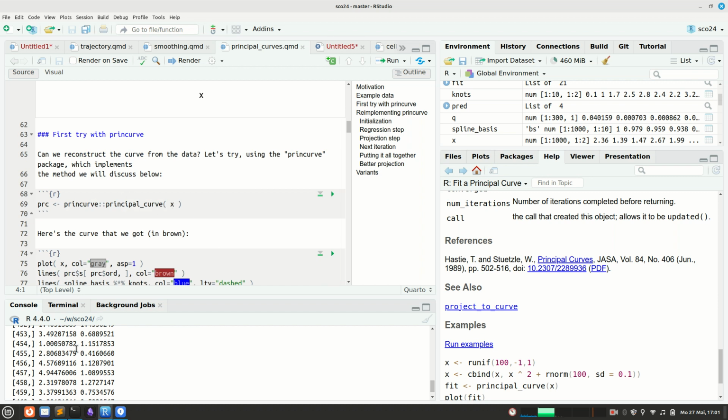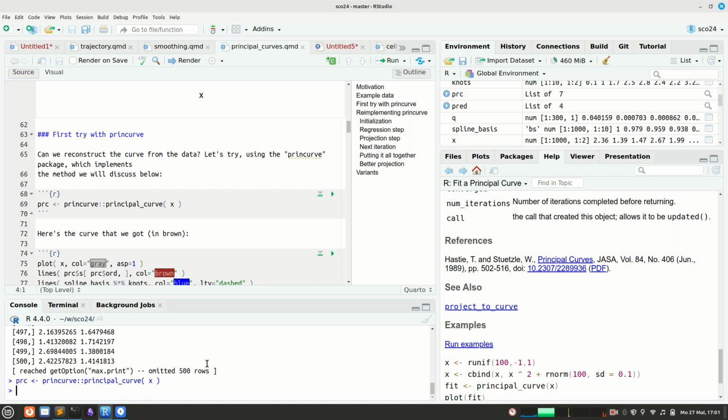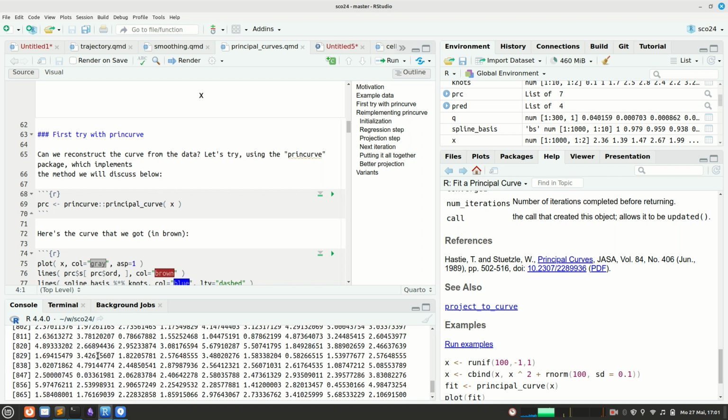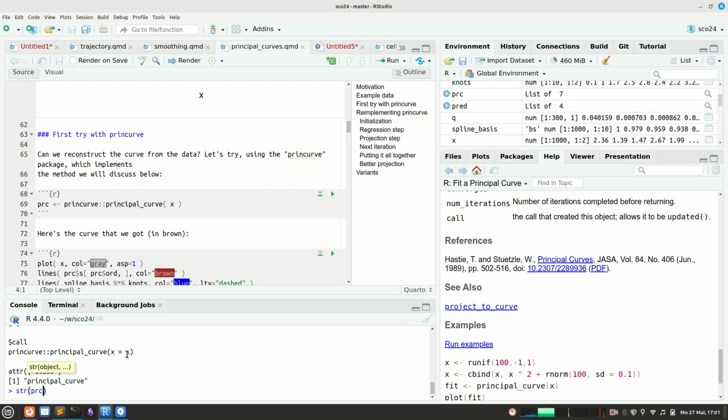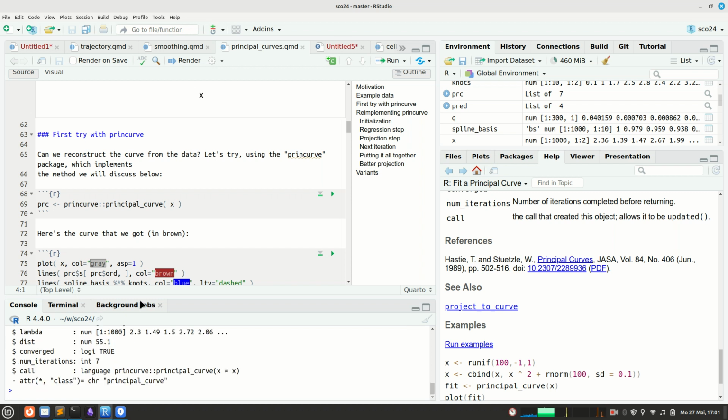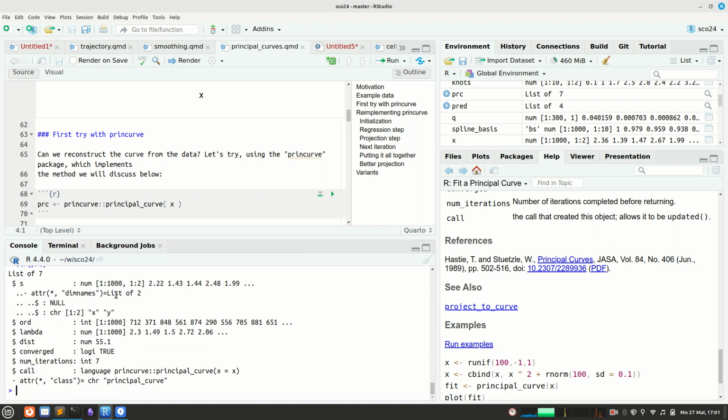And I give this matrix to the principal curve function, and when it does something, it gives us back something which it claims is a principal curve. And you see it has a lot of stuff here. We get a list of points S. These are the projections of the individual data points to the curve, so to the nearest curve point.